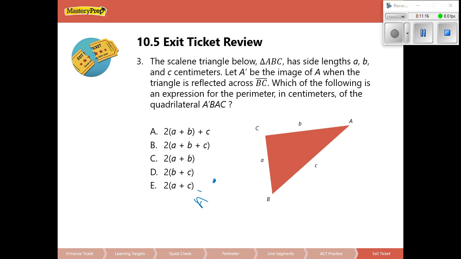Which of the following is an expression of this perimeter? So essentially we're saying we're adding this section here to it. Reflected across there, which would give us a length of B and C.